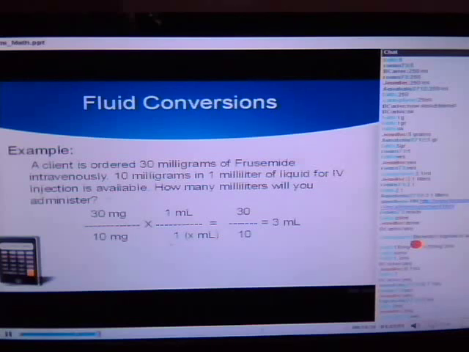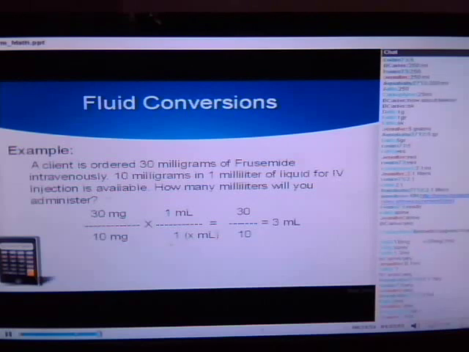All right, let's try one more, and then we will start doing ones that don't have the answer. A client has ordered 30 milligrams of Lasix, furosemide, intravenously. 10 milligrams in 1 milliliter of liquid for IV injection is available.